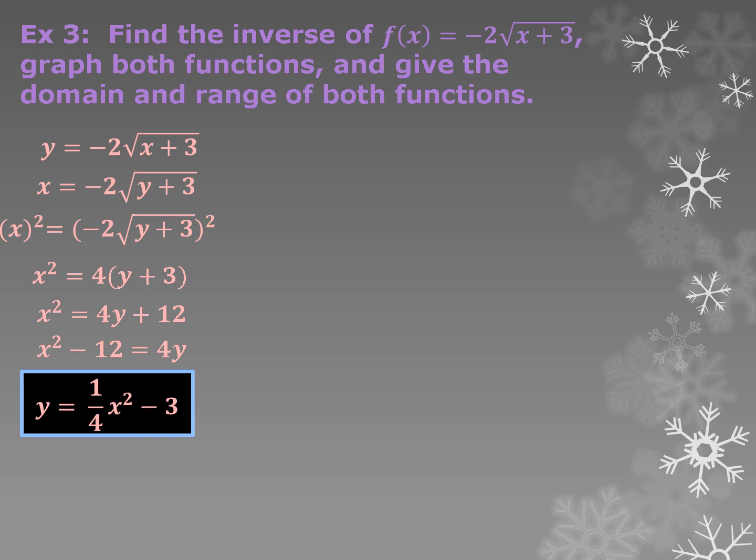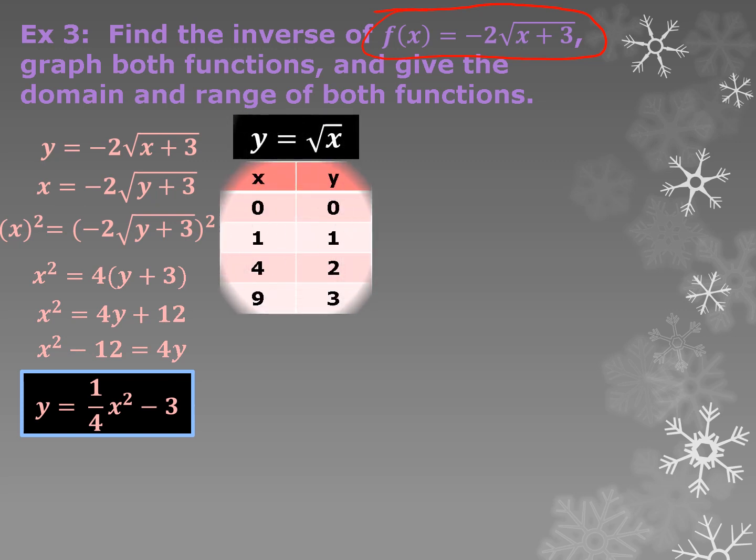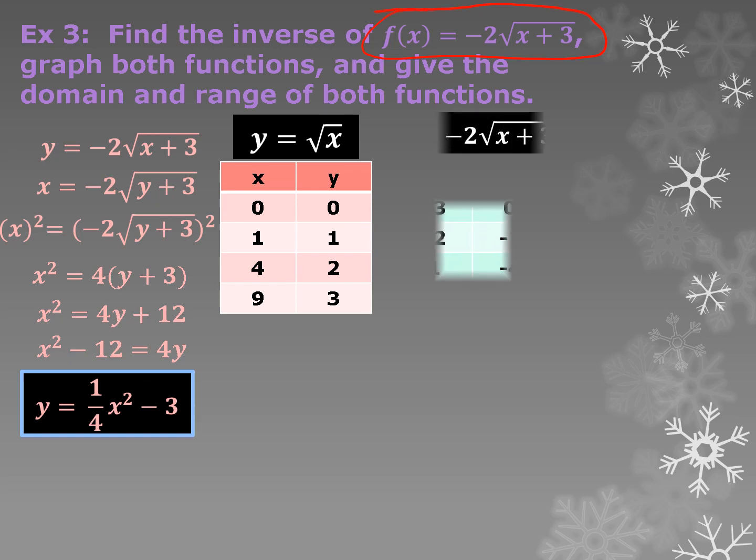All right, now let's talk about graphing. We look at our original function. And since our original function is a square root, that's the function we're going to start with. So there's my square root parent function. To go from old x's to new x's, I'm going to subtract 3. And then to go from old y's to new y's, I'm going to multiply by -2.